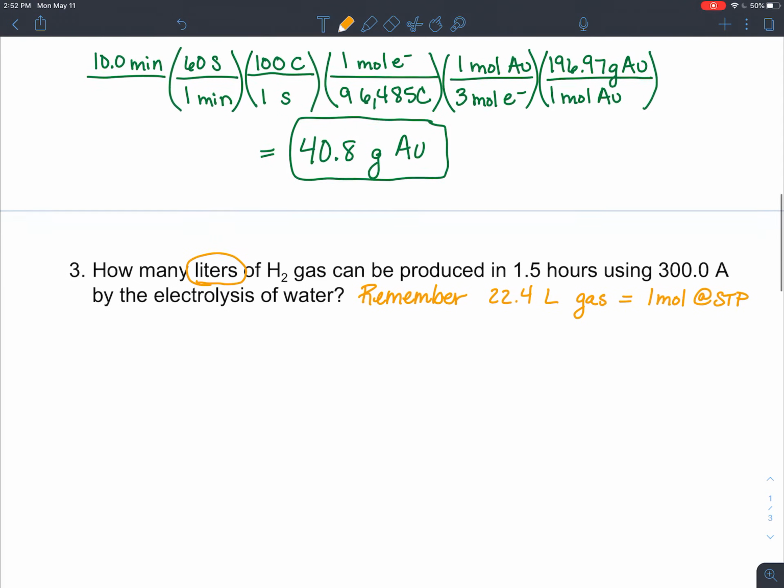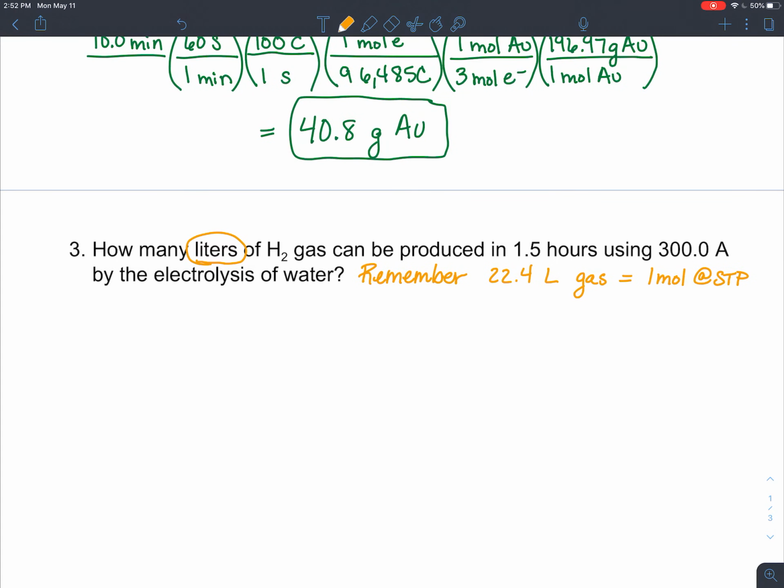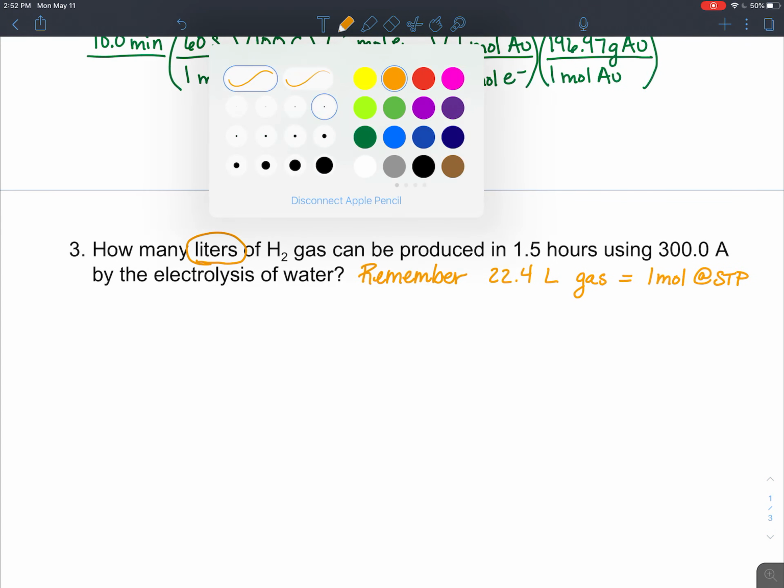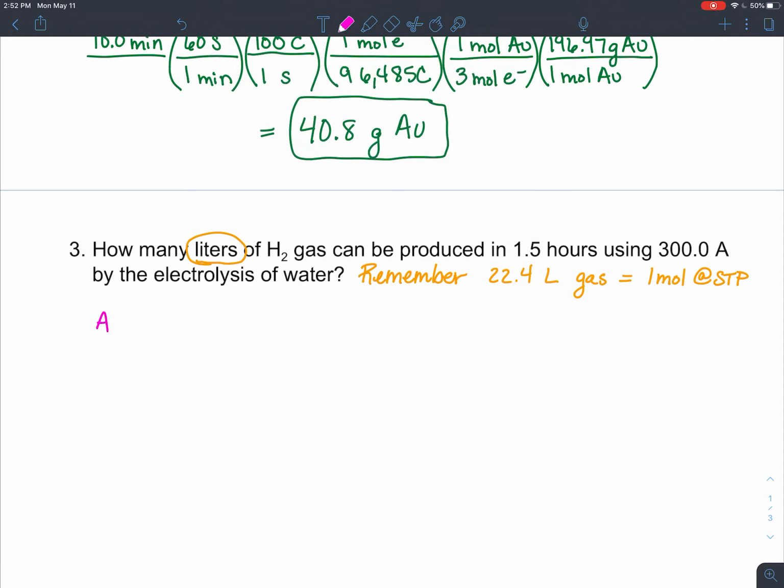So in this case, we are doing the process of electrolysis of water. I'm going to write out that process. At the anode, the reaction for water is going to be 2H2O changed to O2 plus 4H plus 4 electrons.